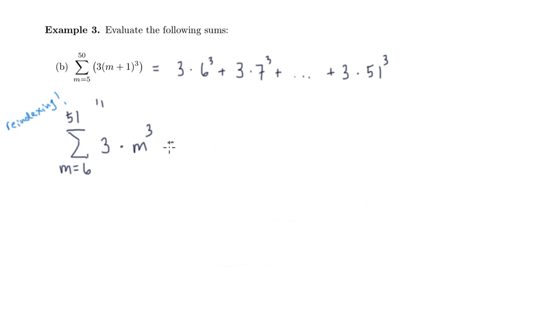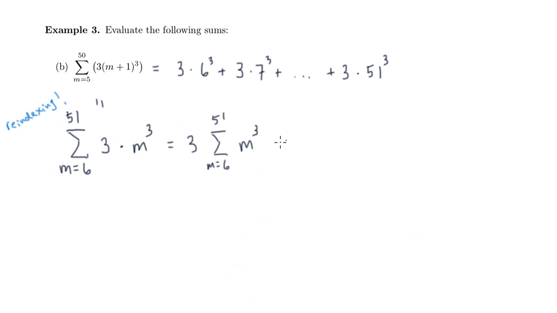And so, well, certainly I can just factor out this 3. That's just factoring using the distributive property. So 3 times the sum m equals 6 to 51 of m cubed. And so, like I said, I'm almost done, except I really only know the formula if m starts at 1.